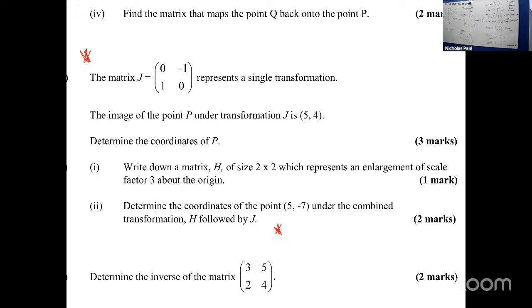They gave you a matrix. What matrix is that?